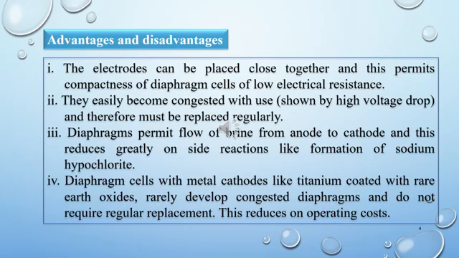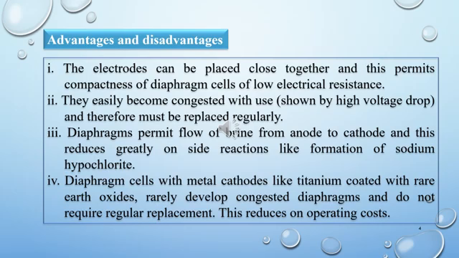diaphragm cell. And the next point is that diaphragm cells with metal cathodes like titanium coated with rare earth oxides rarely develop congested diaphragms and do not require regular replacement. This reduces operating costs. In the second point, we said that the electrodes become congested with use, so there is need of regular replacement.